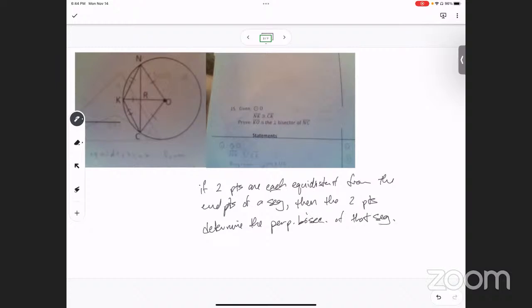If 2 points are equidistant from the endpoints of a segment, this is the part I'm trying to understand, what the definition is. Equidistant from the endpoints of a segment.